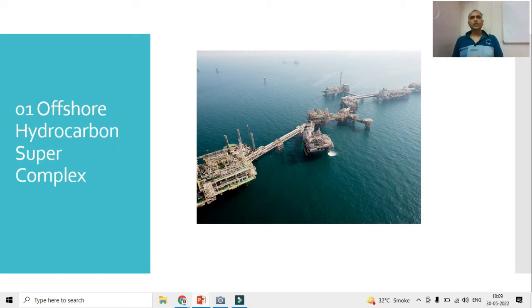Okay, so now we can see here in this photograph that there are so many platforms, and all these rigs basically are nothing but a drilling tower. Here there is a drilling tower actually. No, sorry, this is a chimney, this is a flare actually, which is used for burning of the excessive gases.